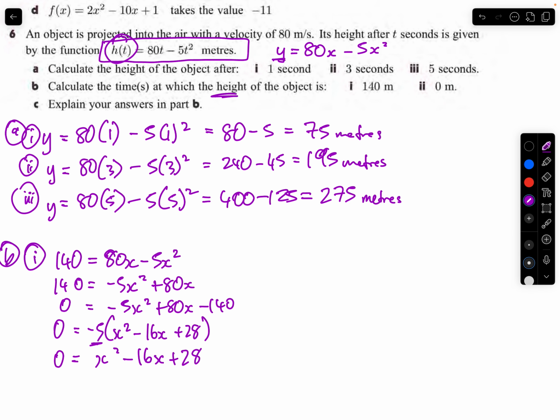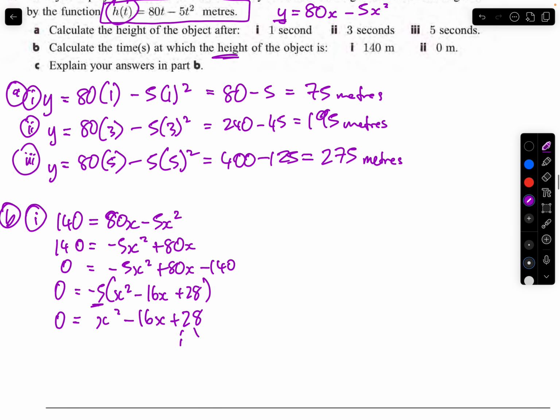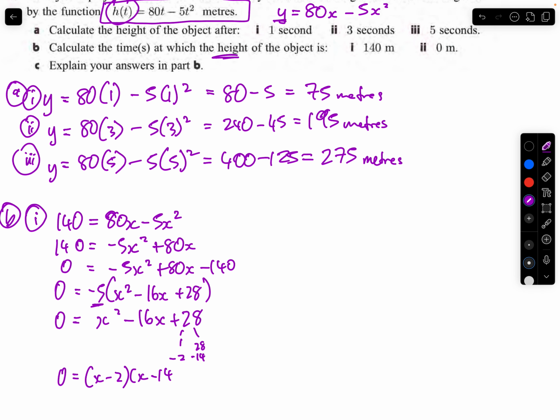What are the factors of 28? 1 and 28, 2 and 14. That's going to get me 16. Negative 2 and negative 14 times together to get positive 28. So that's going to be 0 is equal to x take 2, x take 14. So what's that saying?